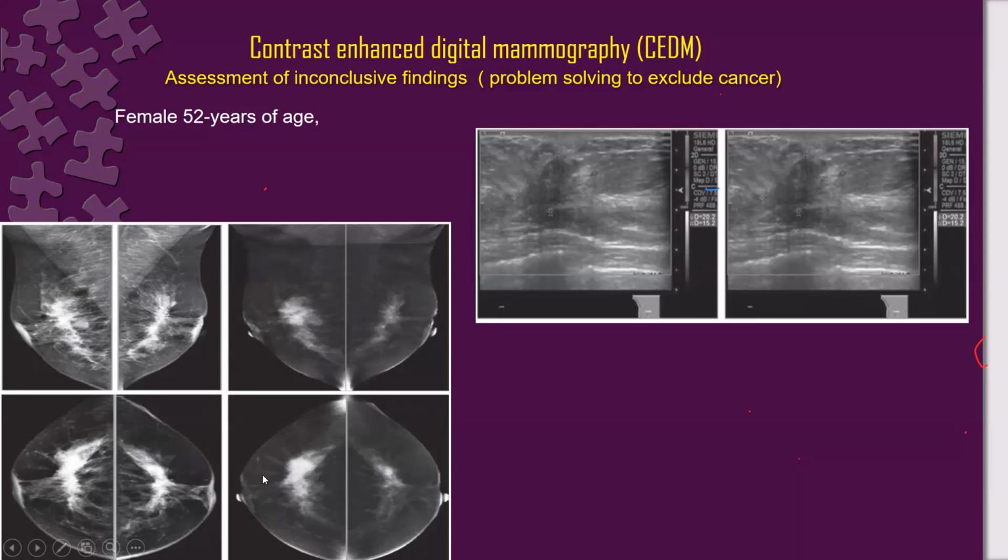Excellent. Yes, this is contrast. And what is going on? What is abnormal? Any abnormality? Yeah, there is a lesion. Where? Which side? In the middle of the breast. Right or left? Right. Left is normal. It is asymmetric, but it is bilateral.